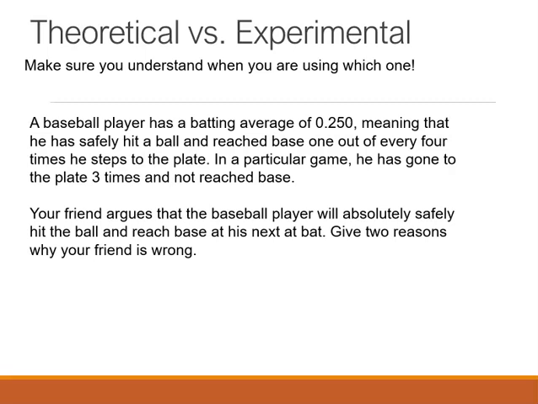Do you see how your friend is using an experimental probability inappropriately? Because he's talking about projecting into the future using an experimental probability. You don't do that. Everybody's okay?